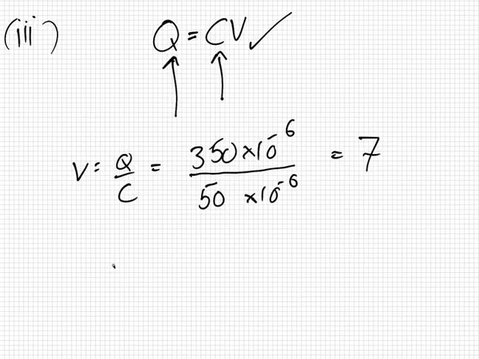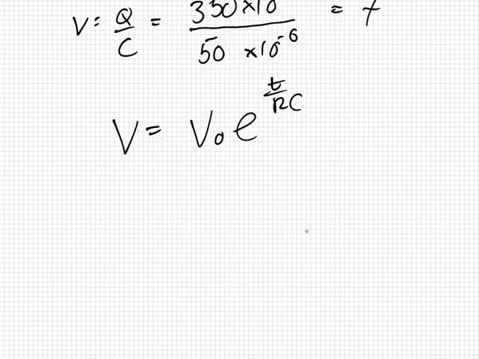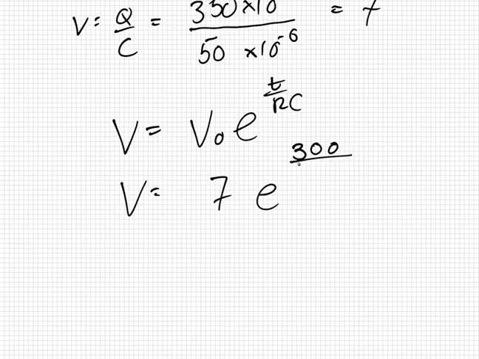So now I can use V equals V0 e to the minus t over RC. So V equals 7 e to the minus 300 over 356.7, because 5 minutes is 300 seconds. What did you say the RC was? 35.7.